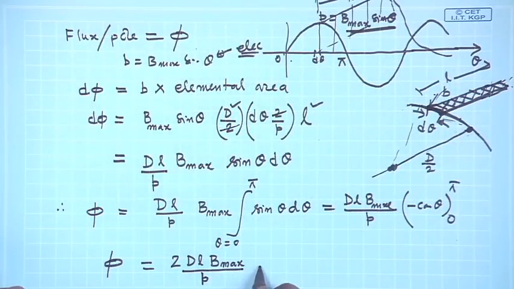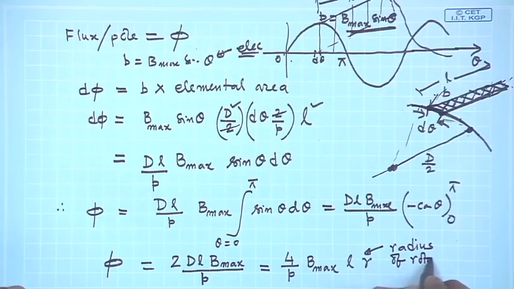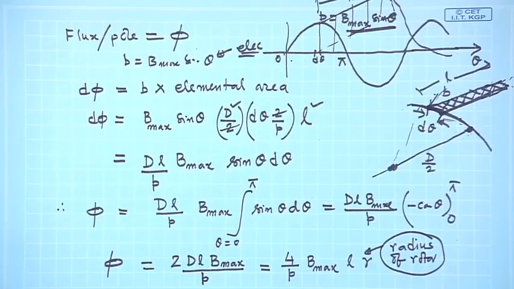Sometimes people also write it like this, 4 by P B max L into R, where R is the radius of the rotor. You can write it in either way.